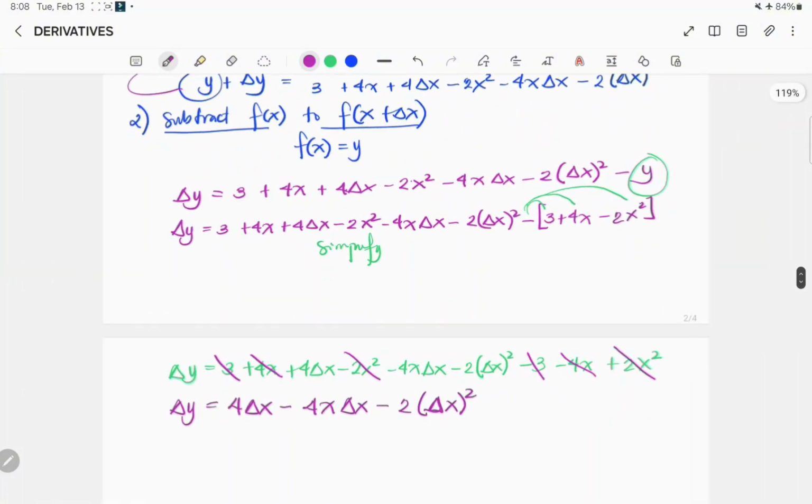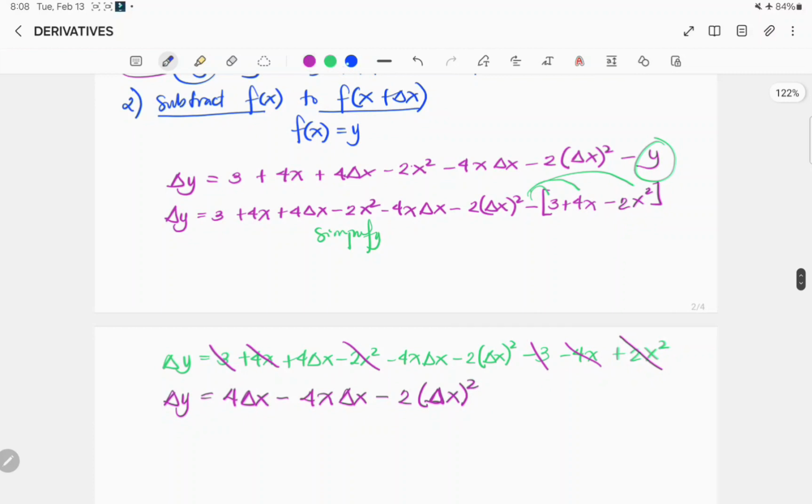So let's have step number 3. Divide both sides of the equation by change of x.